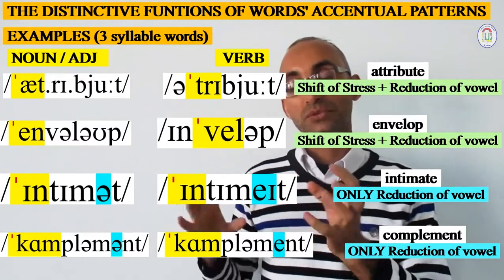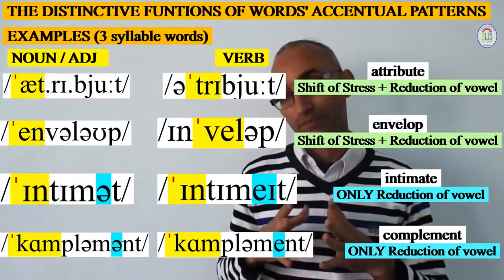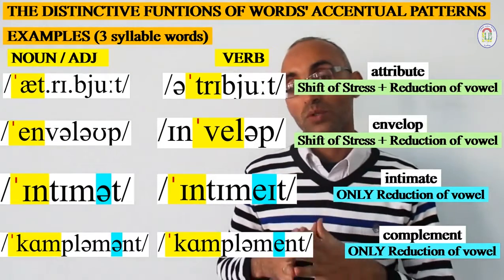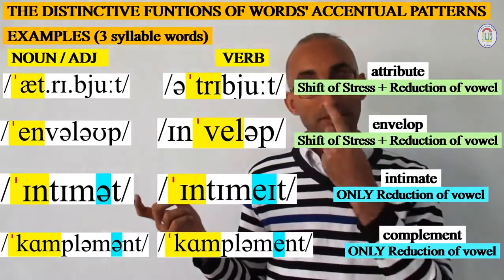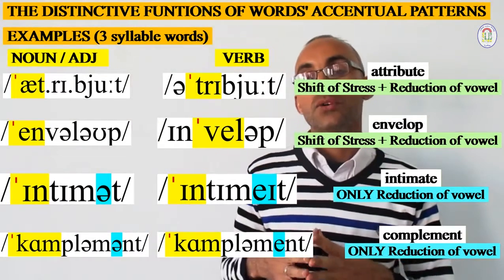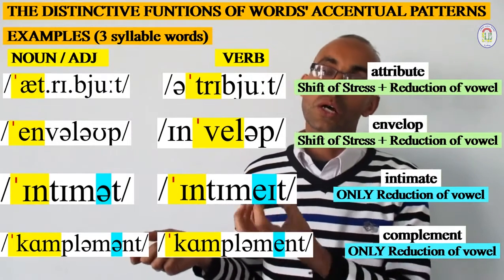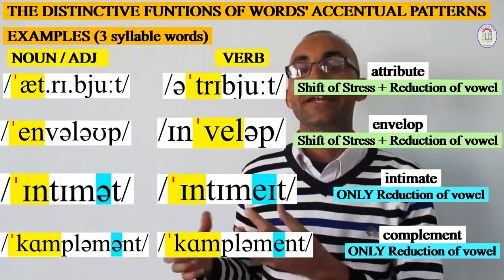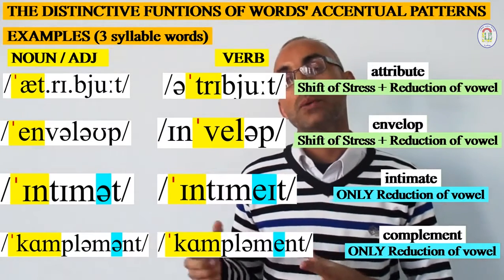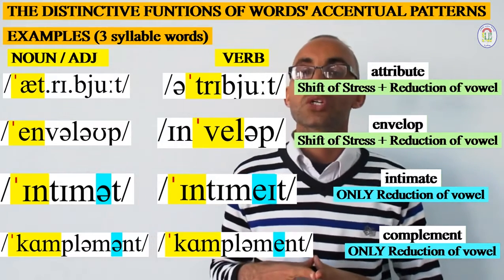They are both stressed on the first syllable, but what helps me distinguish and differentiate them is the change at the level of the last vowel sound, from the diphthong in the verb to shva in the noun. So here I leave the case of change of the quality of the vowel sound. Clear? From a full vowel sound to the short vowel shva.